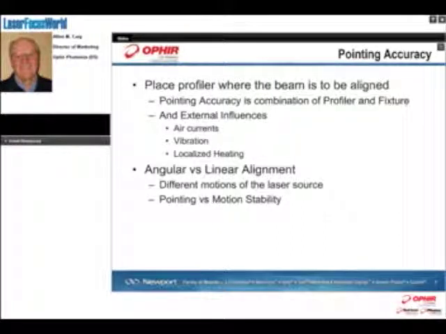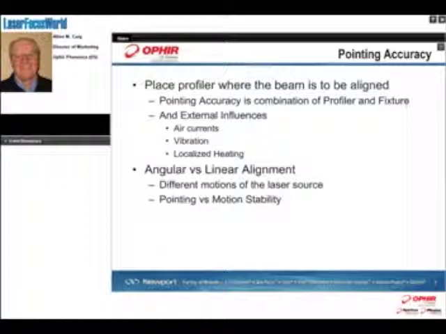Air currents, vibration, localized heating, all can cause a beam to move around or to be defocused. Air currents can change the refractive index slightly, and when you're talking about measurements that are down in the area of a micron or less, it doesn't take much to push that off a little bit.